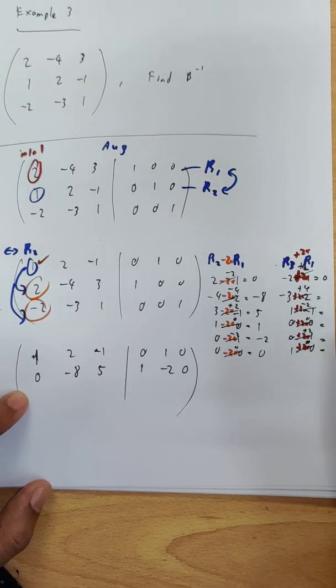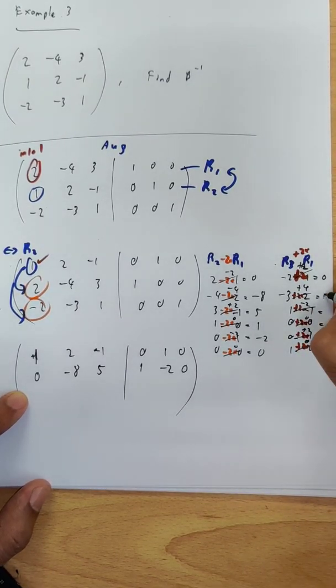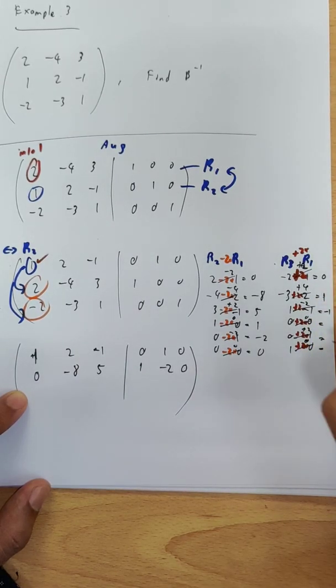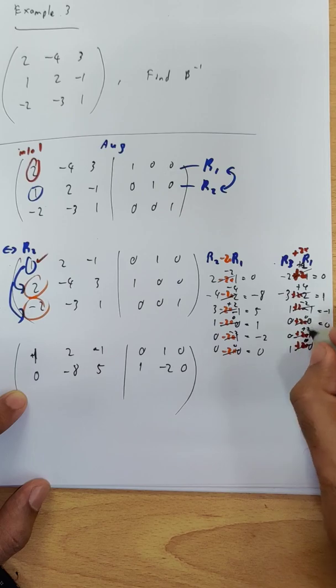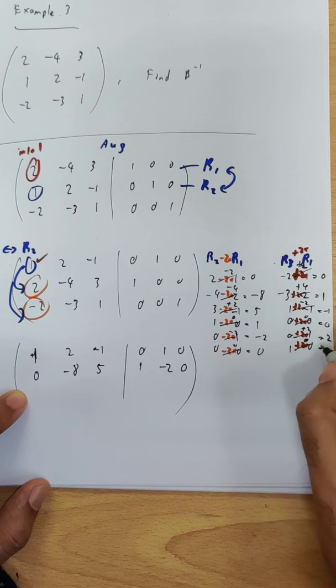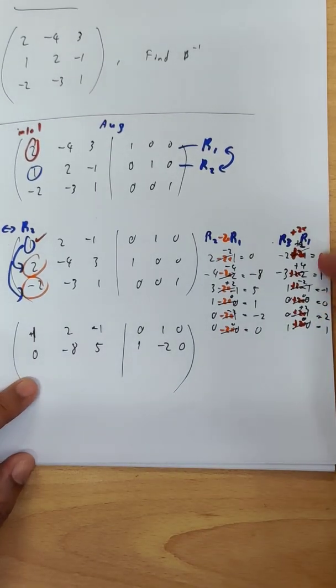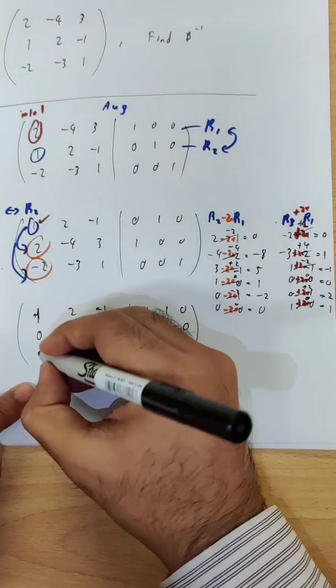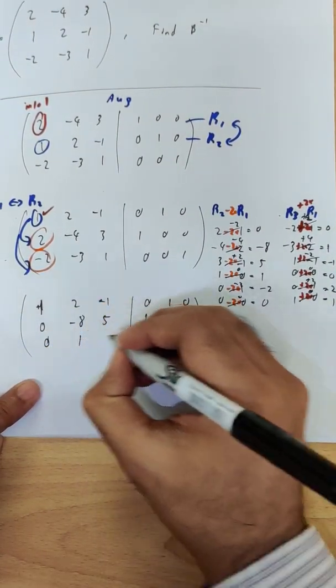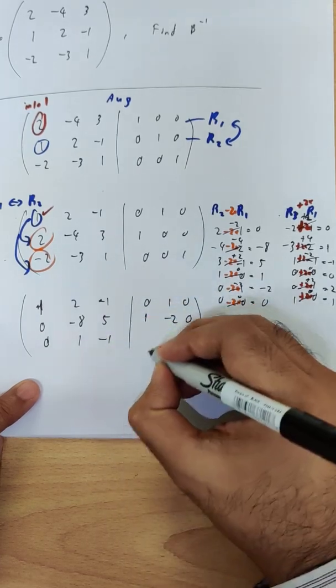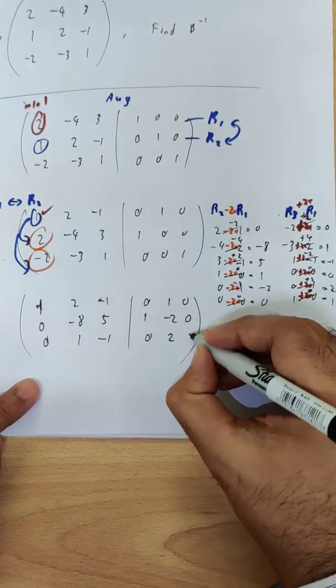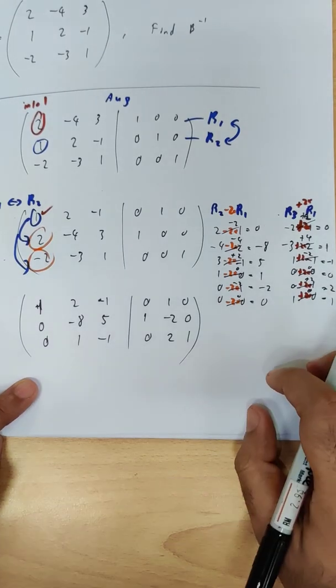So negative 4... I mean -3 plus 4, 1. Be very careful here. 1 minus 2, negative 1, 0 plus 0, 0, 0 plus 2, 2, 1 plus 0, 1. So copy this one back. You got yourself 0, 1, negative 1, 0, 2, 1.